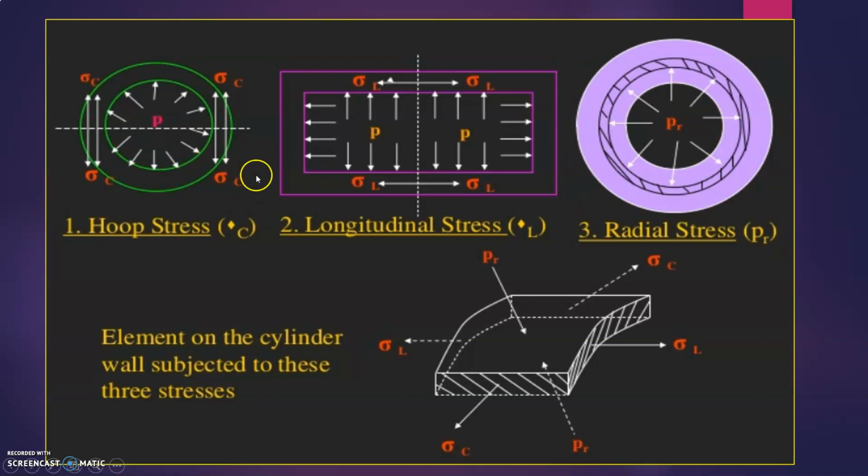You can see here how the stresses are induced, in these directions. Circumferential stress is represented by sigma c, longitudinal stress along the length is represented by sigma l, and radial stress is represented by PR. This is an element on the cylinder wall subjected to these three stresses. So this cylinder is subjected to all these types of stresses.